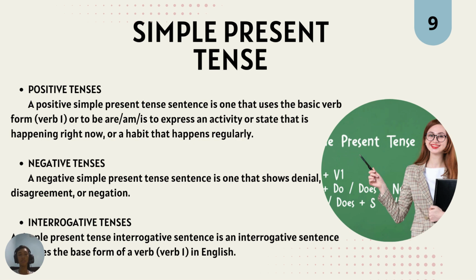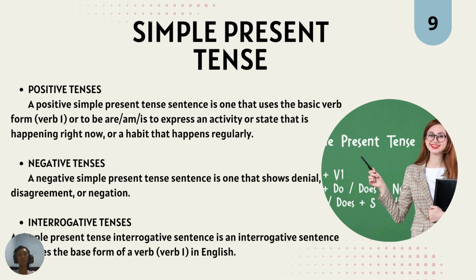Simple present tense. Positive tenses. A positive simple present tense sentence is one that uses the basic verb form, verb one, or to be are, am, or is, to express an activity or state that is happening right now or a habit that happens regularly.